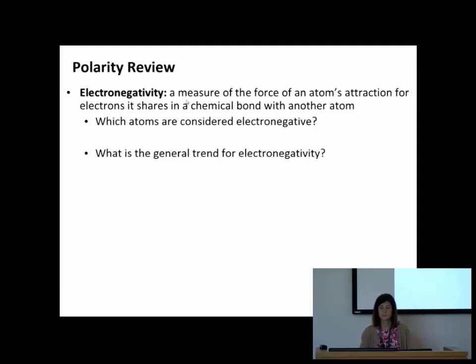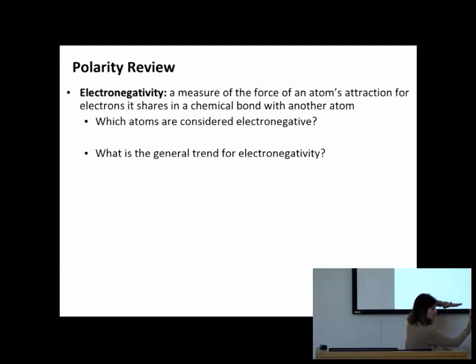Do you remember? Fluorine. So that's the top right-hand corner. And so the general trend, it points all the way to fluorine. As you go along from left to right, it's going to get more electronegative, and as you go up, it's going to get more electronegative.